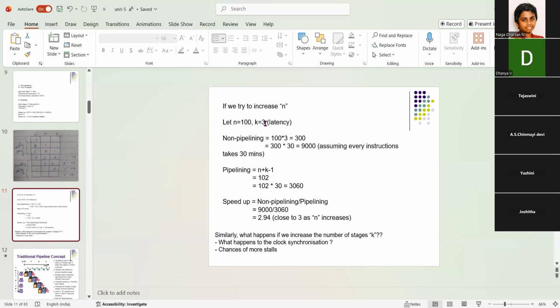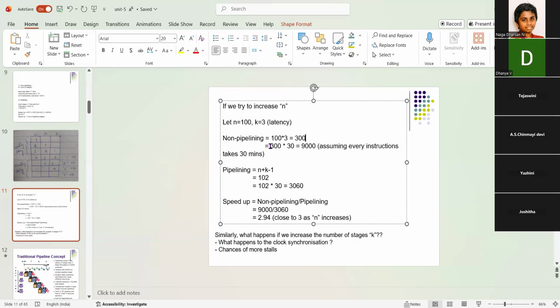That is what we call latency. The 3, which is our number of steps, is called latency. We have 3 steps, no: washing, drying, and the folding unit. So our n is 100, and it's for 3 steps, so it's totally 300 steps that we have to complete.